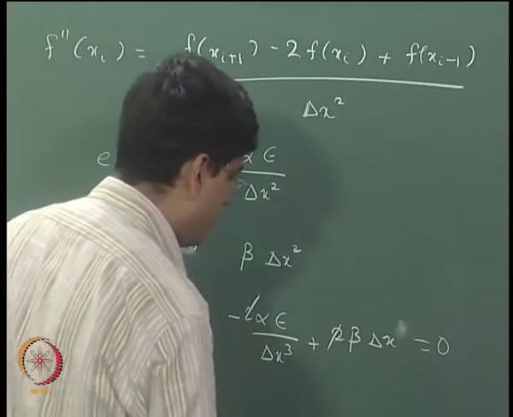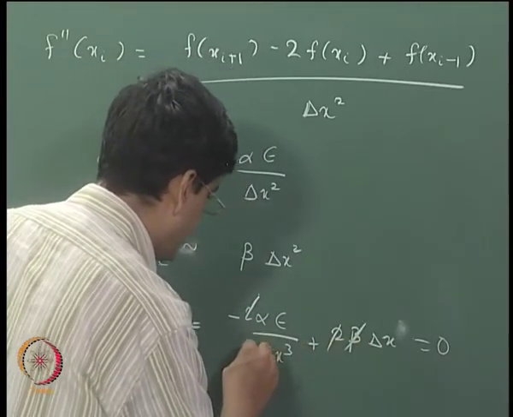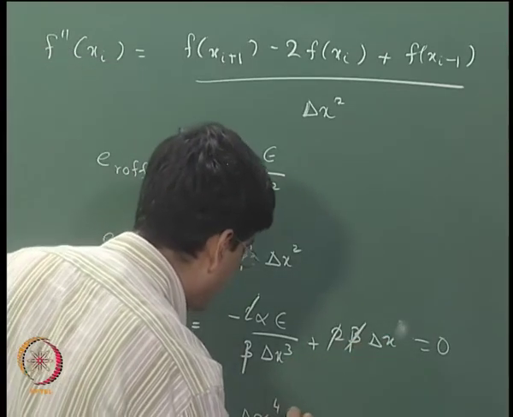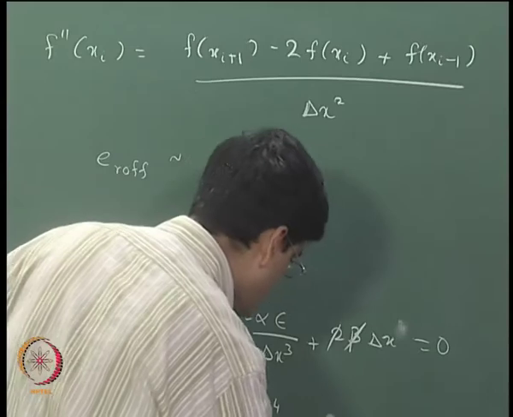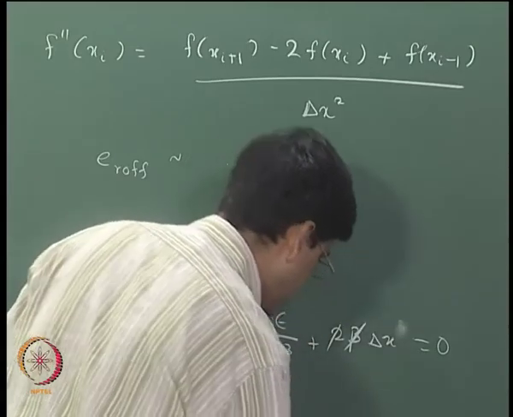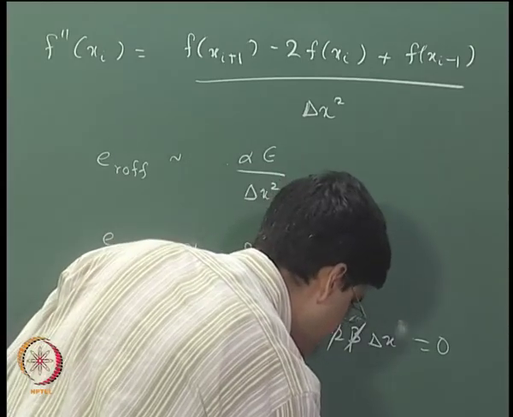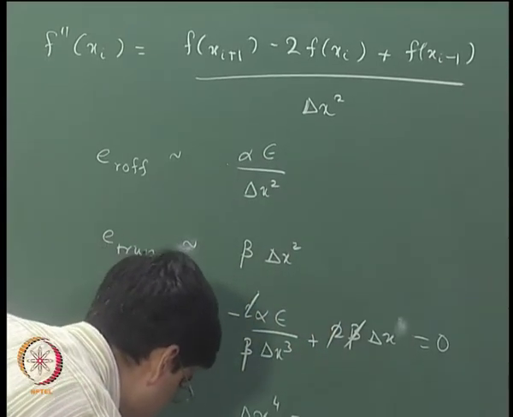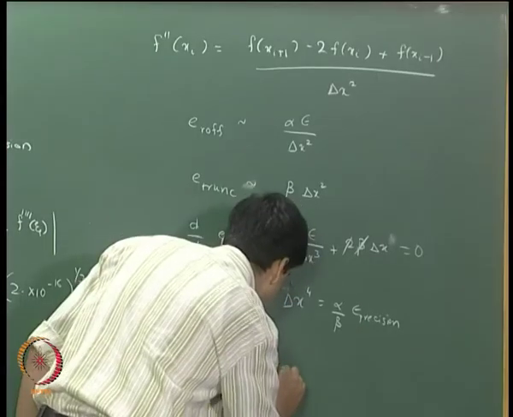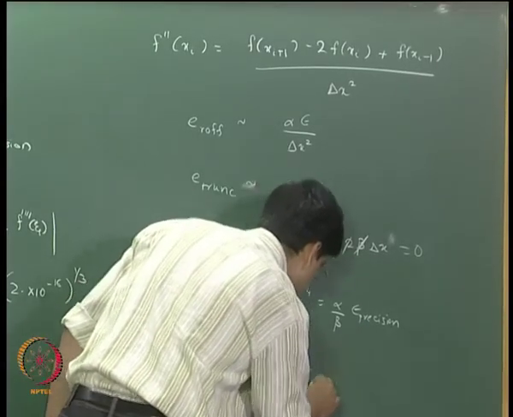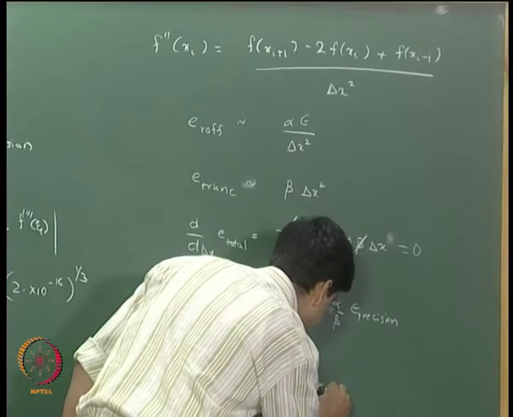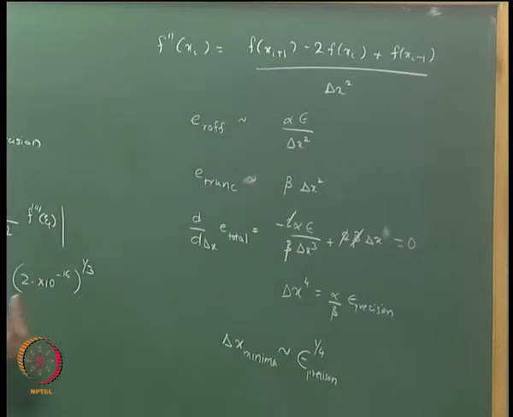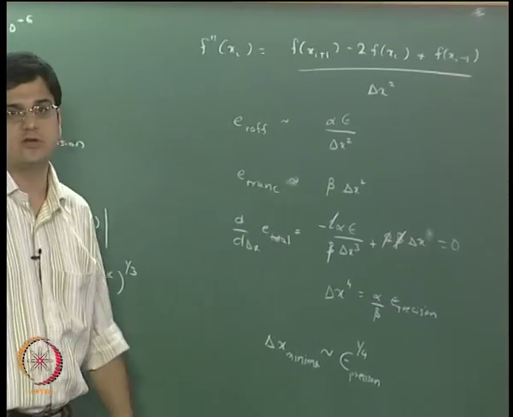So, we rearrange, we divide by beta over here, and what we will get is delta x to the power 4 is going to be equal to alpha by beta epsilon precision, okay, or delta x minima is going to be proportional to epsilon precision to the power 1/4. Okay. So, this is what we will get with respect to the error analysis.